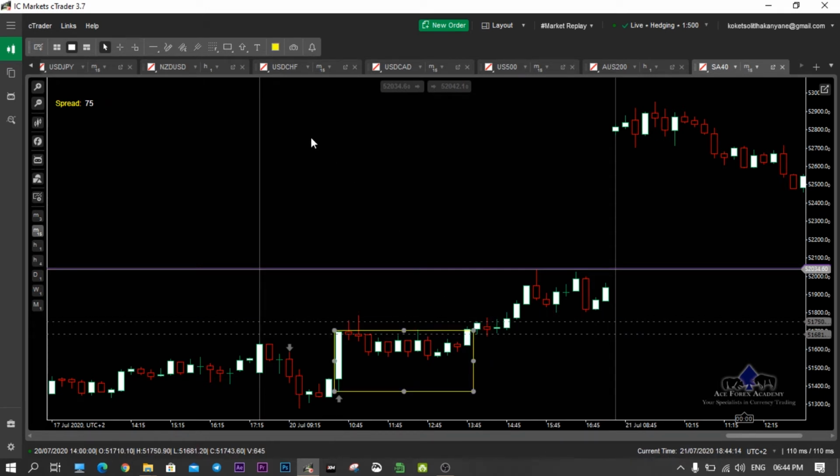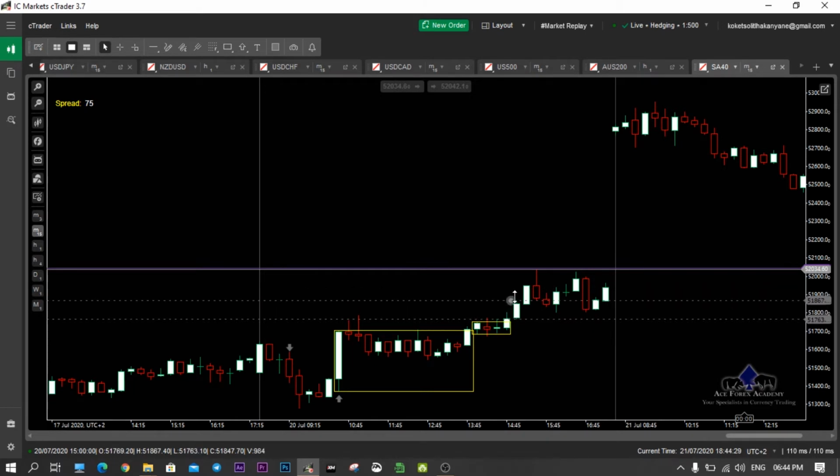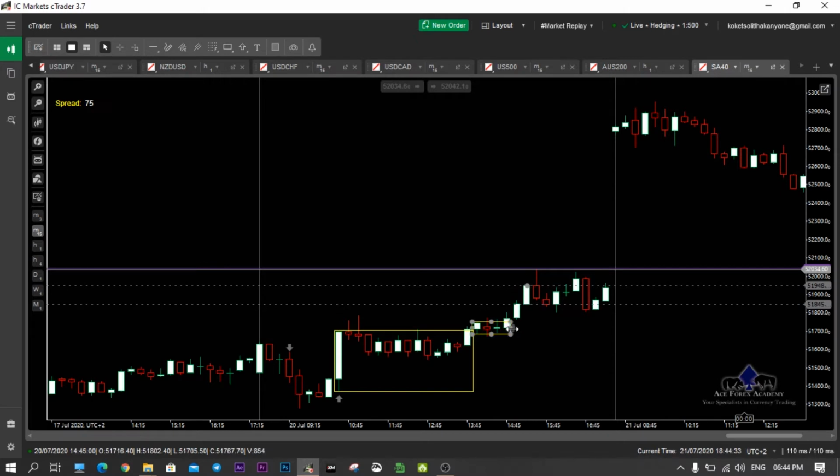So you can see we're given another moment of consolidation over here. We'll mark that out, and then we can follow the trend. It continued pushing higher, with higher lows and higher highs. Another period of consolidation before the breakout.